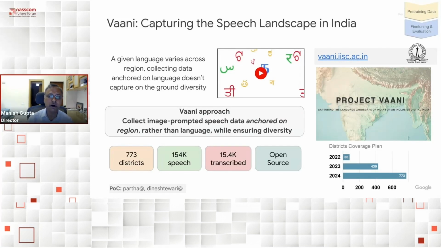Even though we may formally call it, let's say, Hindi, if you look at the way Hindi is spoken in Haryana versus Bihar versus UP, there's a lot of variation.